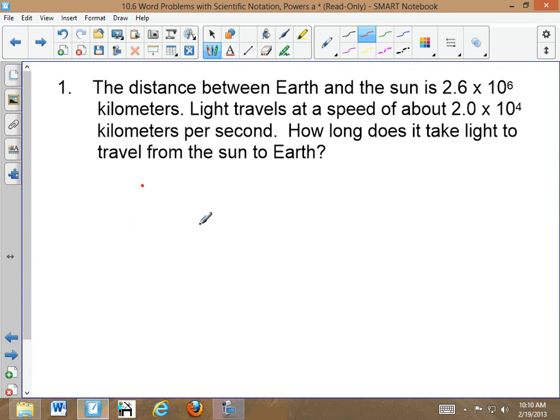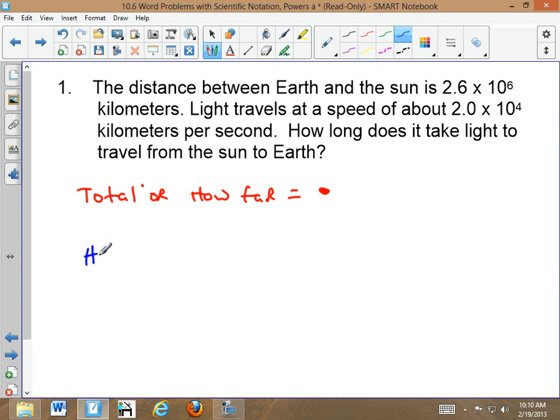Okay, like I said before, today you have to memorize some things. There's going to be some words that you're looking for, okay? If you see the word total, or how far, you're going to multiply your 2 scientific notations.